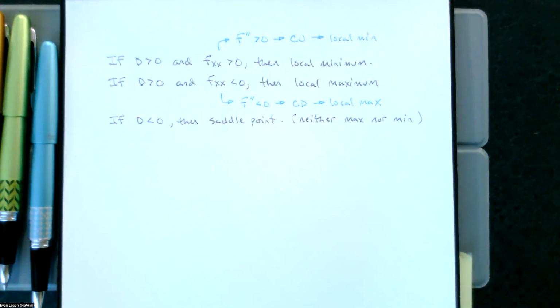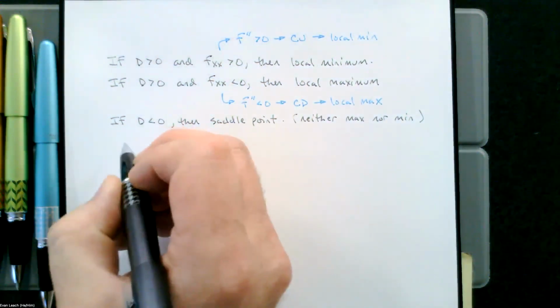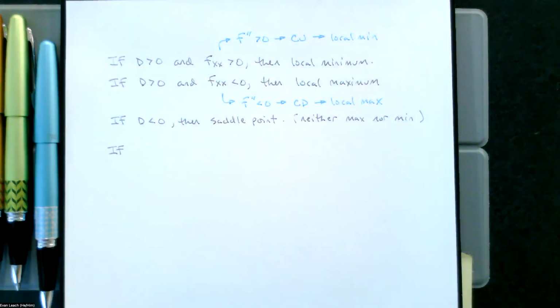So here's how we make our conclusions. What's one of the things I left out? I have not covered everything yet. D is positive and negative. That covers everything, right?